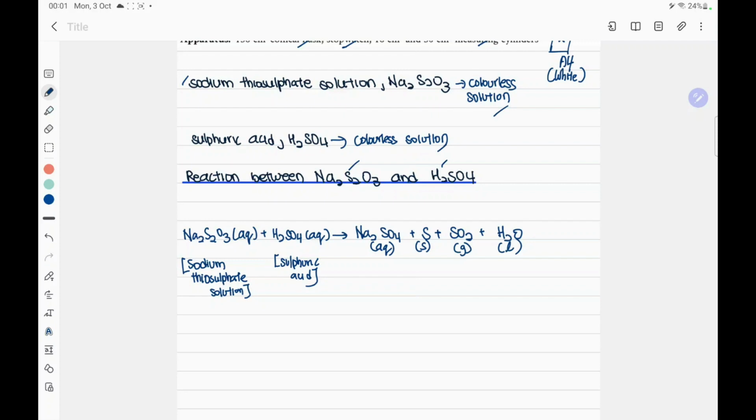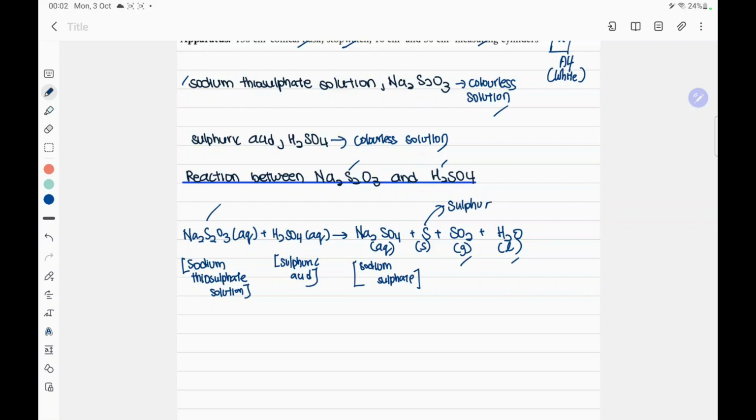They don't have any color. And then they will produce sodium... sorry, this is not sodium thiosulfate. This is sodium sulfate. Sodium thiosulfate is this. This is the thiosulfate and you produce sodium sulfate. And this is the sulfur. This is sulfur dioxide.